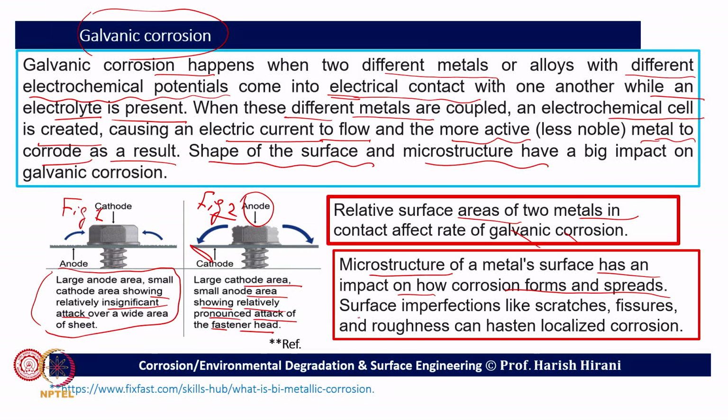Here we can say very clearly that surface imperfections like scratches, cracks, and roughness will increase localized corrosion. If you keep the surface very good, free from scratches, cracks or roughness, then there will be a lesser chance of corrosion.